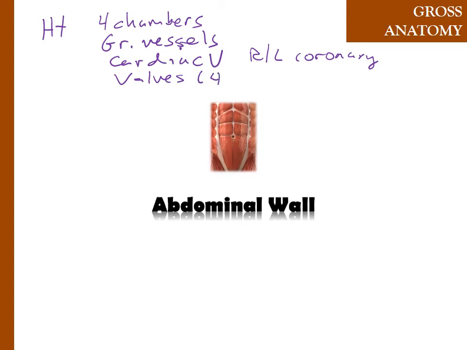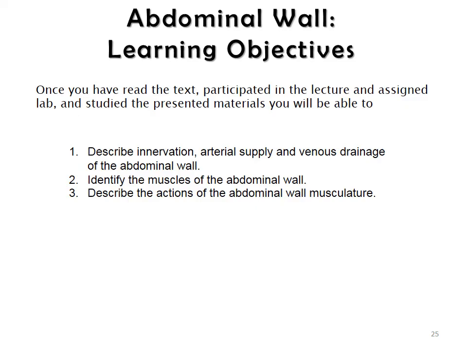Right, we had 4 valves. What else did we talk about? We talked about 2 lungs. The right has 3 lobes. The left has 2 lobes. And well, let's move on to the abdominal wall.